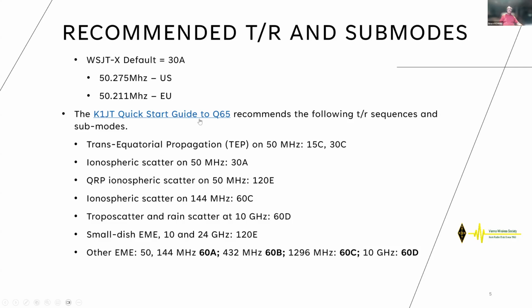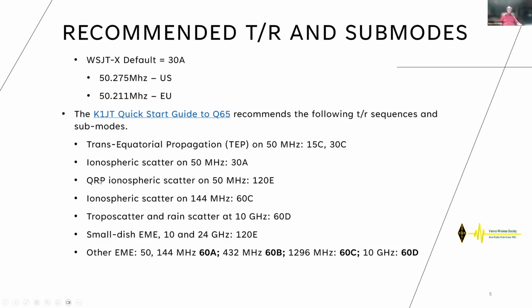When Joe Taylor did his quick start guide, he has these recommendations for the different modes. For TEP, 15 or 30C. For standard ionospheric scatter, sporadic E or F2, 30A.